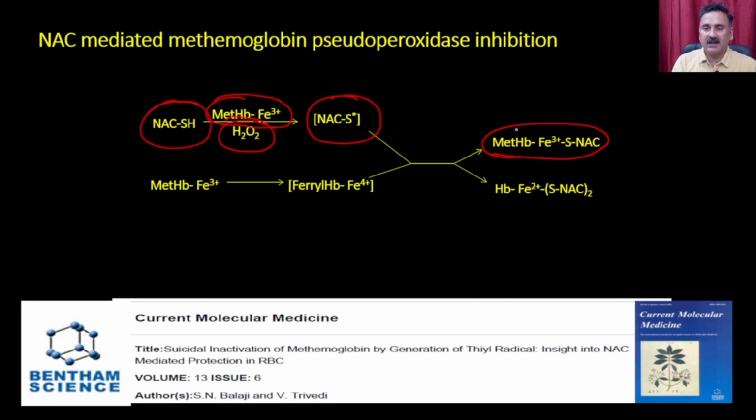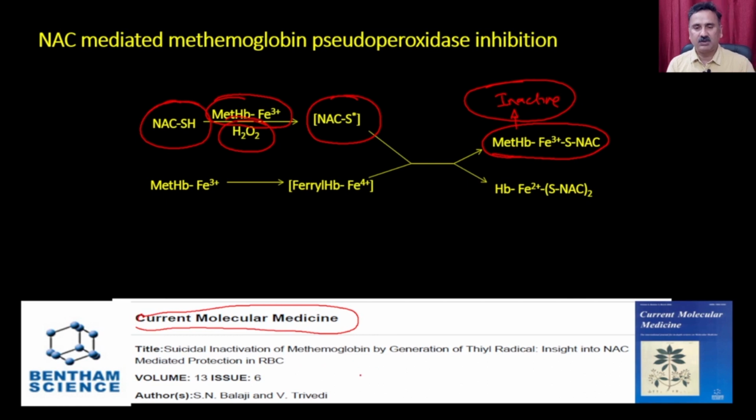And this is an inactive enzyme, and that's why it is not going to process. If you want to read more about this, you can download this particular paper from this particular journal, and it will tell you more details about this.